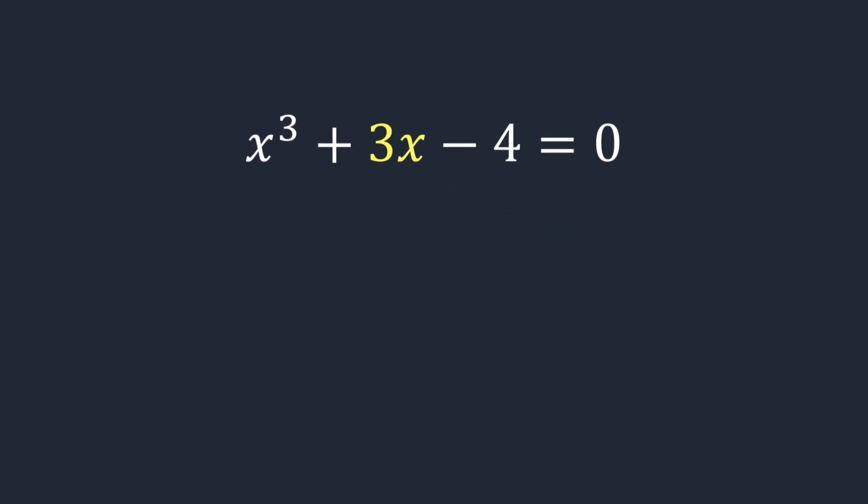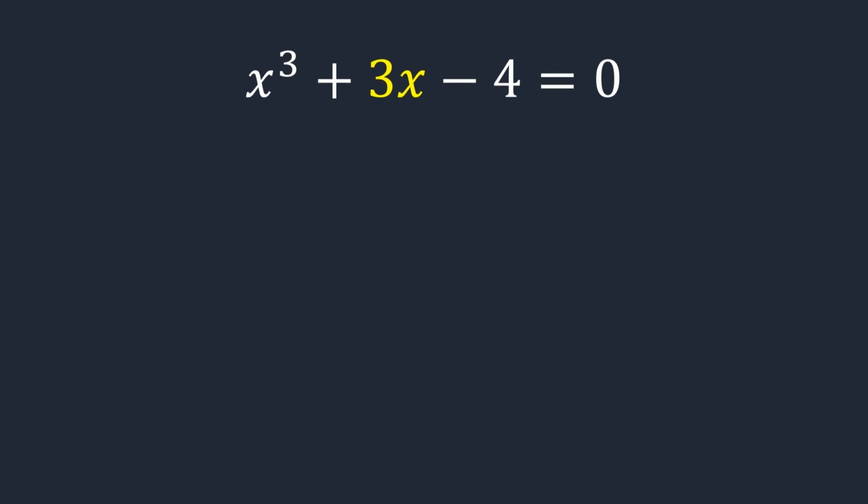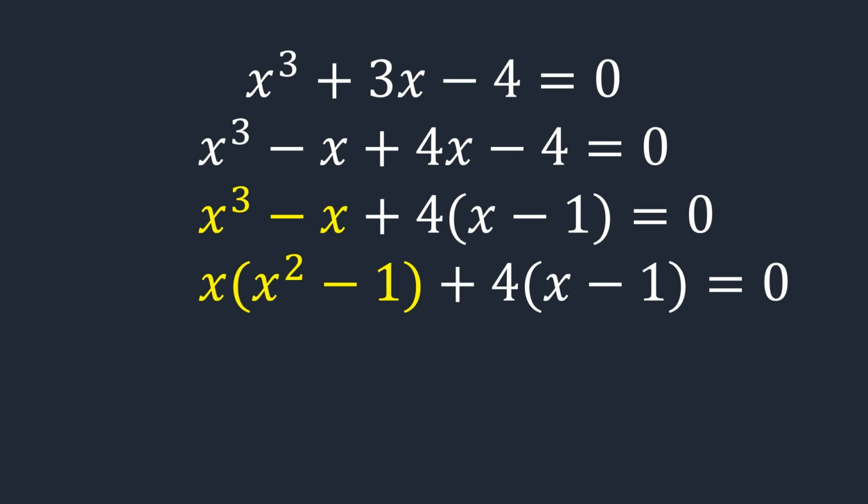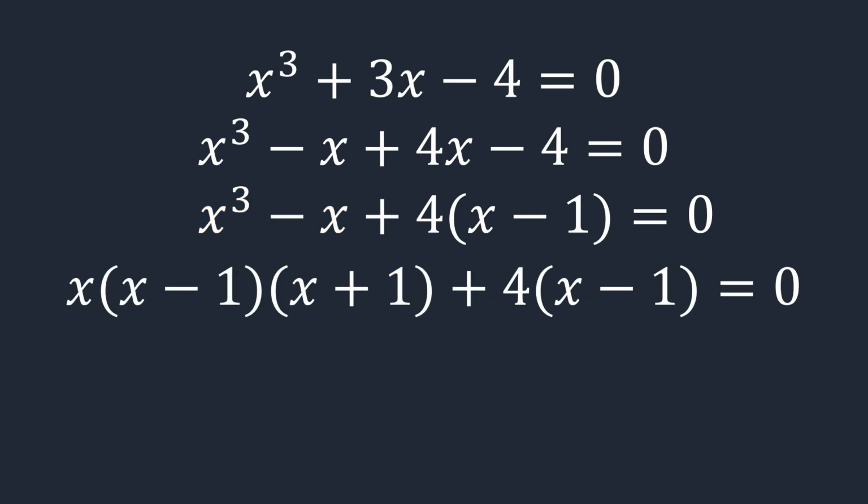We will simply factorize the equation as follows. Rewrite 3x as minus x plus 4x. Now you can take out 4 from these two terms and write it like this. Also, you can take out x from these two terms and write it as this. x squared minus 1 can be factorized further.